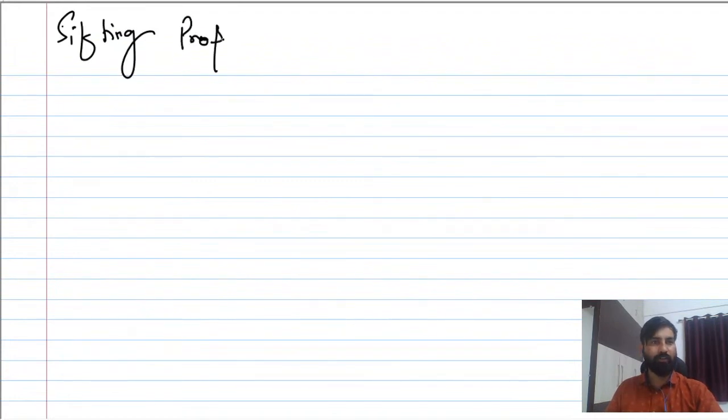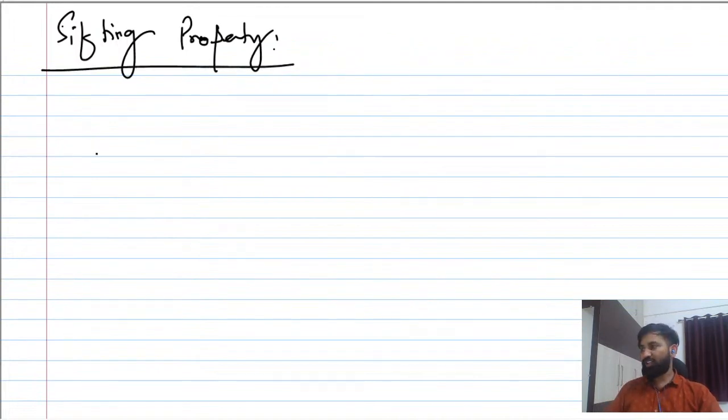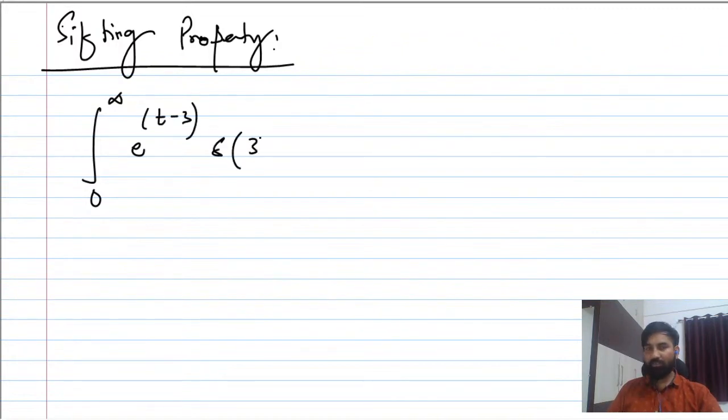तो एक क्वेश्चन हम लेते हैं अगेन बेस्ड ऑन टाइम शिफ्टिंग प्रॉपर्टी, राइट. सो देखो यहाँ पर क्वेश्चन है कि मान लो तुम्हारे पास क्वेश्चन है integral 0 to infinity e raised to power t minus 3 delta of 3t minus 9 dt.